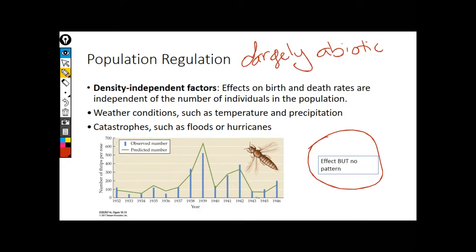Wildfires are very difficult to predict. So all of these things matter. They're going to matter to you just as much if there are 5 or 500 of you. It's still going to hurt or help your population.